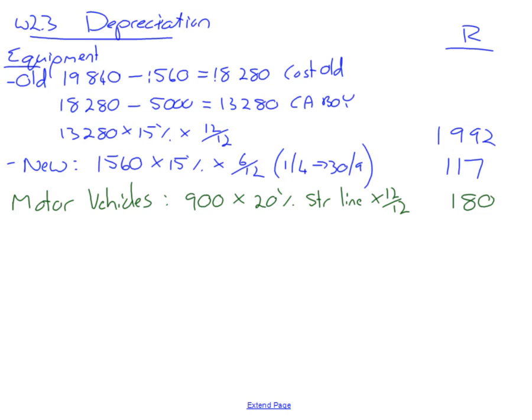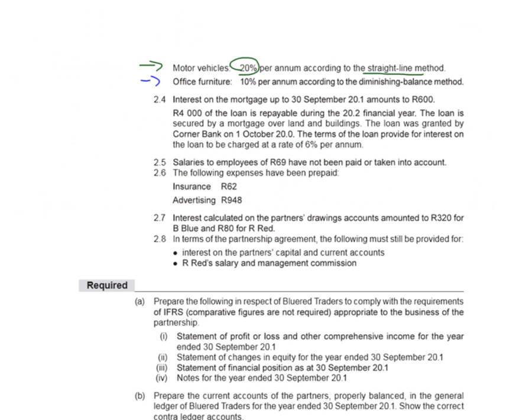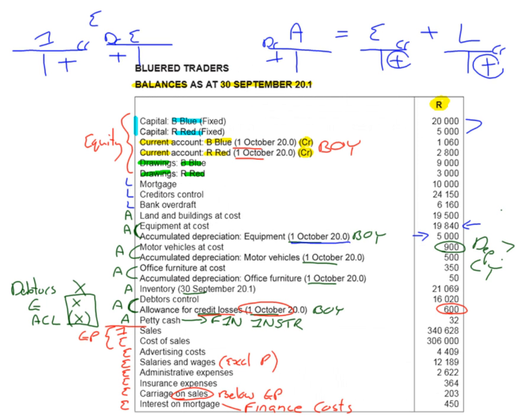Okay, last we have office furniture, 10% per annum according to the diminishing balance. Once again, no residual value noted, so they're keeping this nice and easy for you. So here we'll need the cost minus accumulated depreciation. Cost is 350, accumulated depreciation beginning of the year is 50.